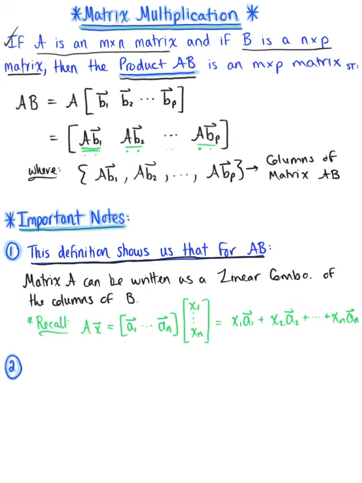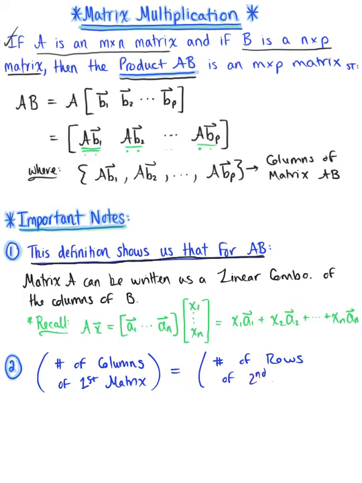Now, the last thing I want to point out to you is the size of these matrices is very important to matrix multiplication, to the existence of that product. So from this definition, we can observe that the number of columns of the first matrix, the matrix A here, must be equal to the number of rows of the second matrix.